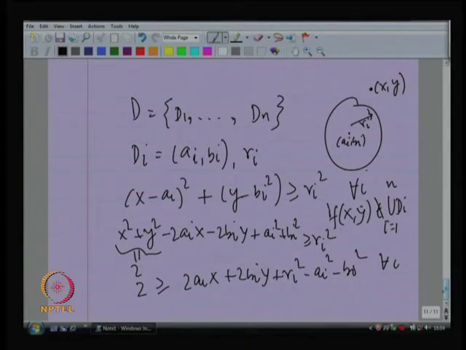What it says is that if I took the circle and the disk and mapped it, the plane and the disk map to a half space in 3D.